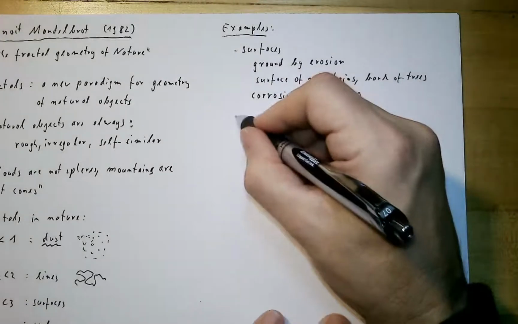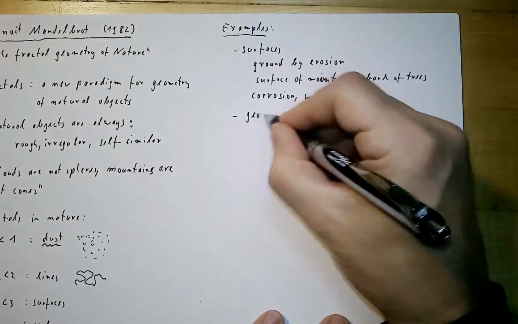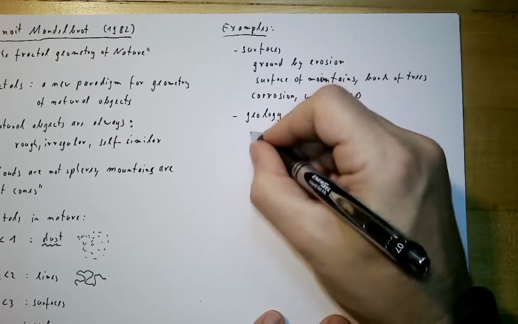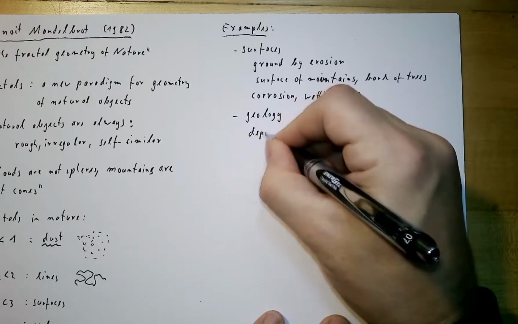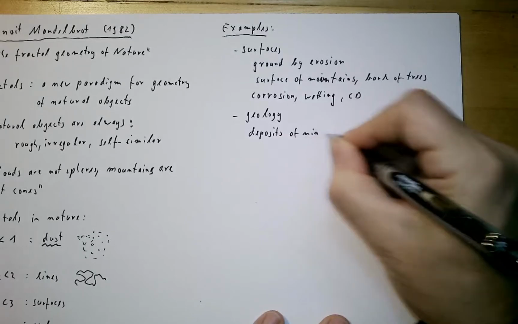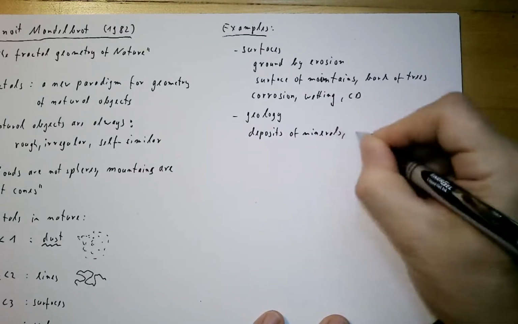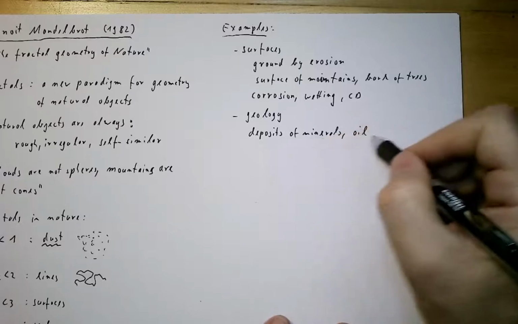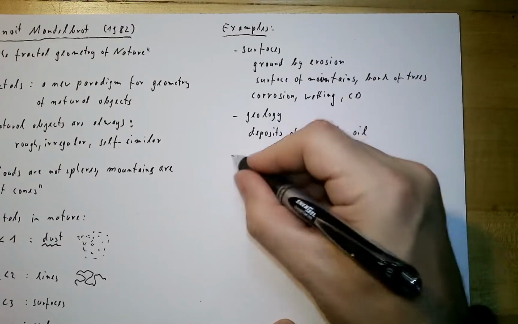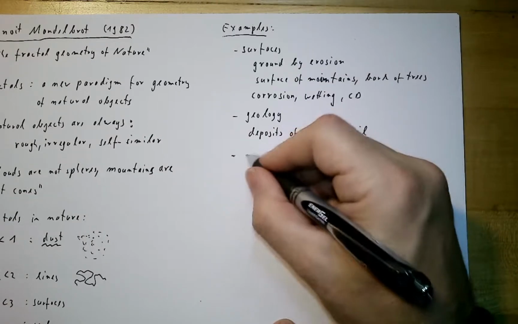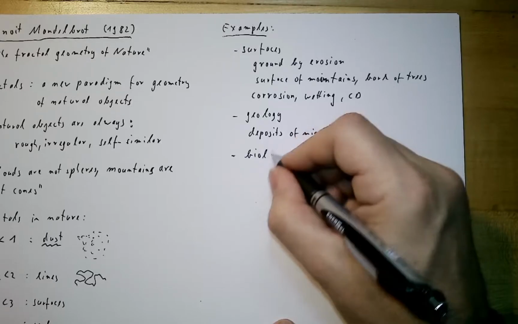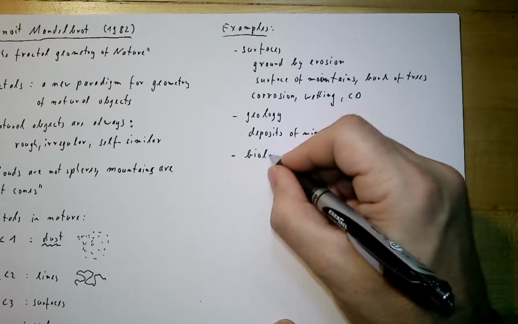When we go to geology and you look at deposits of minerals or oil, that's typically distributed as fractals in the earth. Biology is abundant with these fractals. All living objects are basically geometrically fractals.